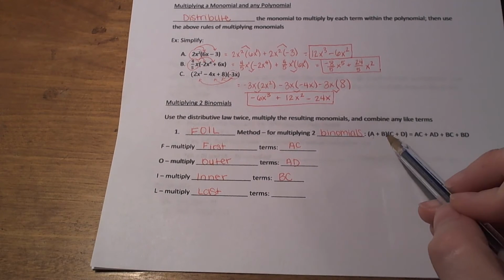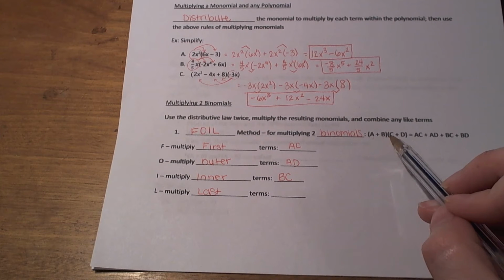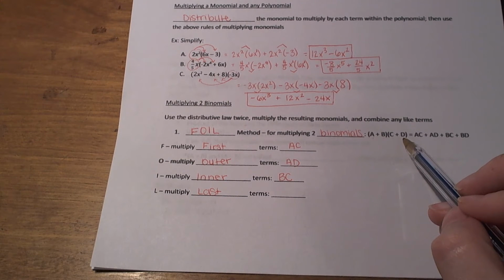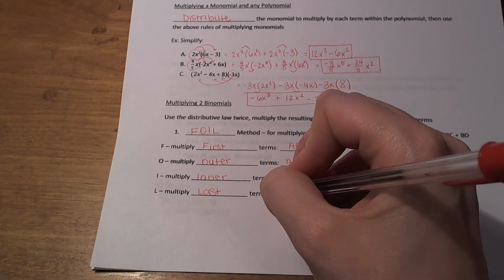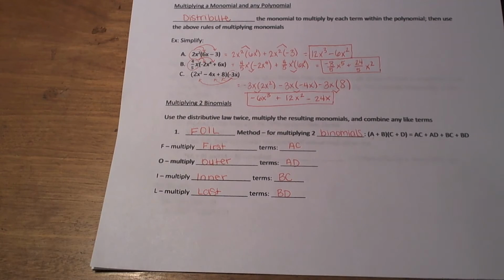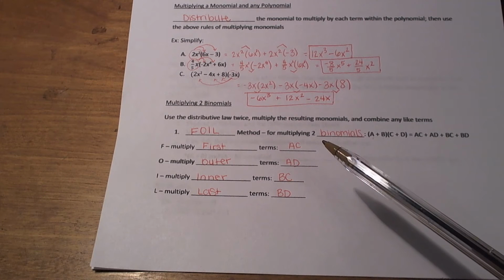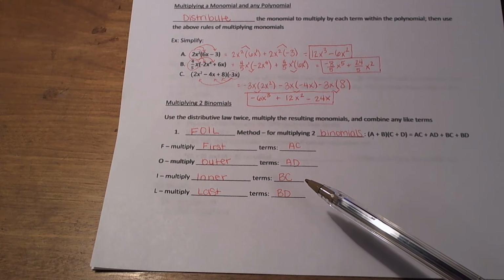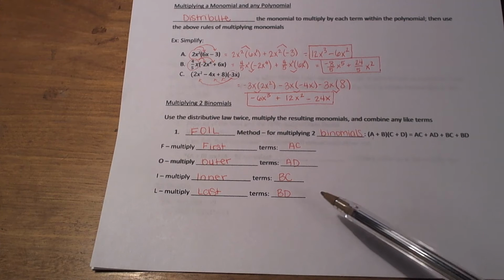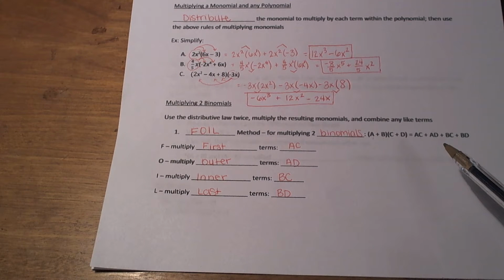And the last terms in each parentheses is B for the first times D for the second. Gives us BD. And then notice you just add them all up to come up with your answer. AC plus AD plus BC plus BD is where this formula comes from.